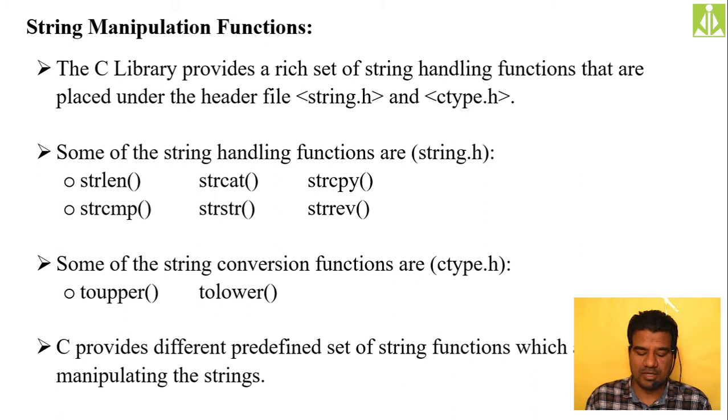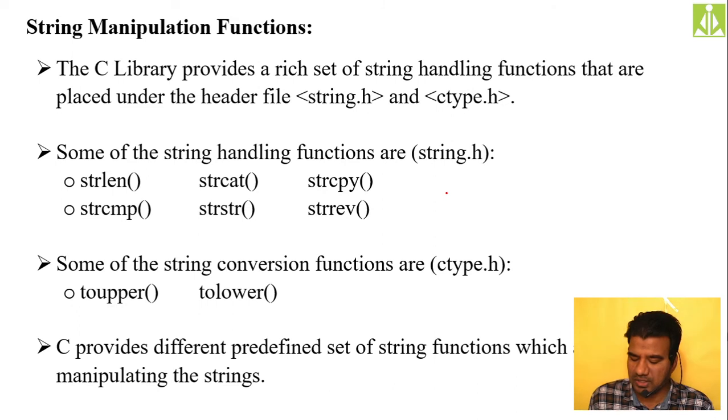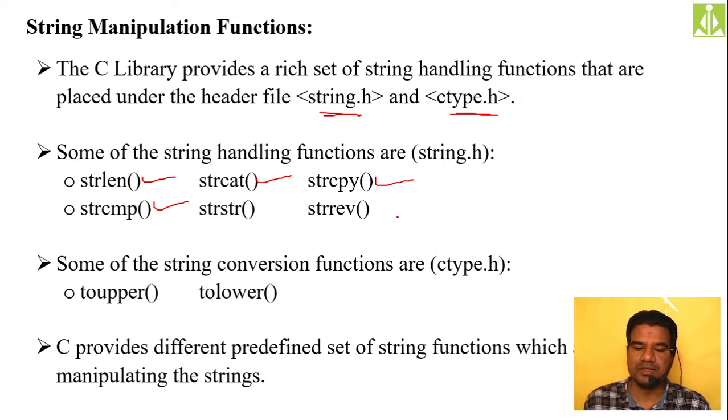The code for these library functions is available inside two files. The first file is string.h and the second is ctype.h. Some of the functions we find in string.h and some in ctype.h. Among this complete list, we have string length, string cat, string copy, string compare, then string reverse.